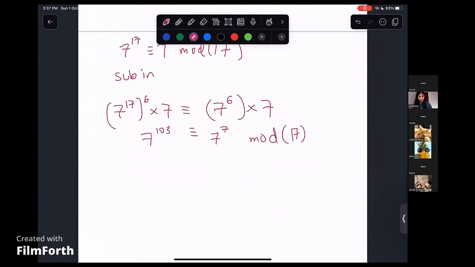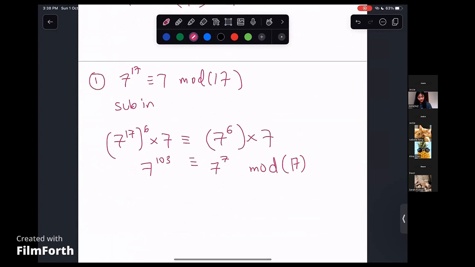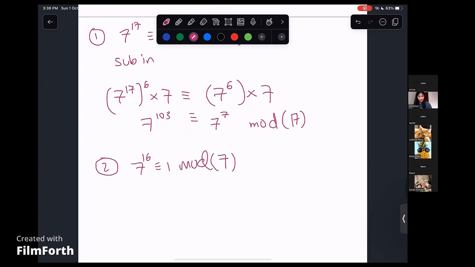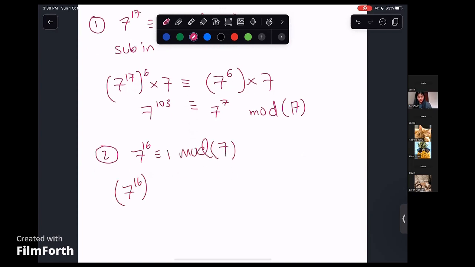Or if we use the second one, let's try the second one as well. If we use this, we would get 7 to the 16. Right, and this is also 7 to the power of 7 mod 17.